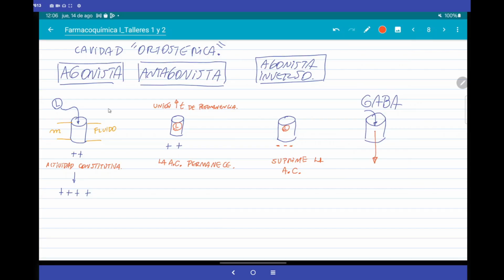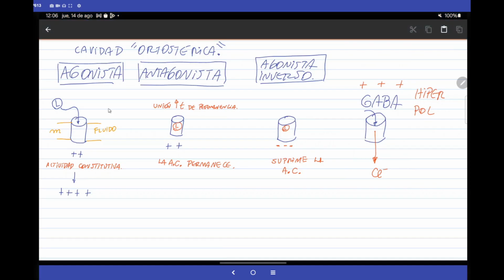That is, the cell becomes more negative inside and more positive outside. It hyperpolarizes, exactly, it generates a hyperpolarization, and a hyperpolarization makes the signaling stop. There we have the biological effect.